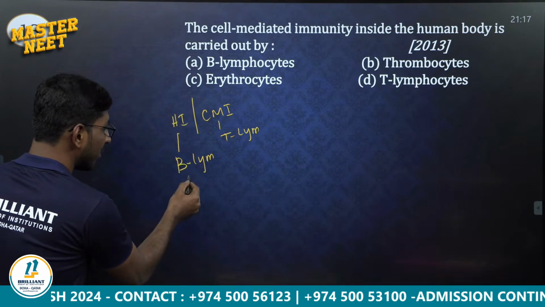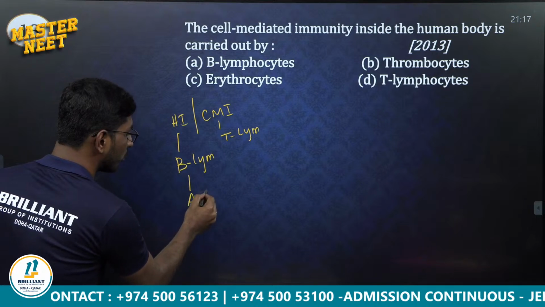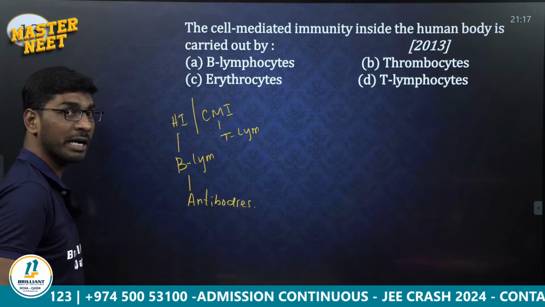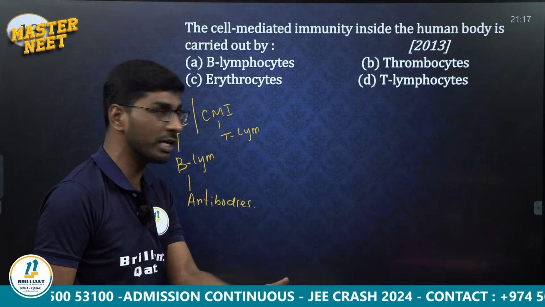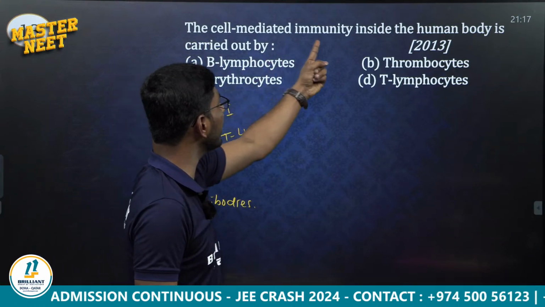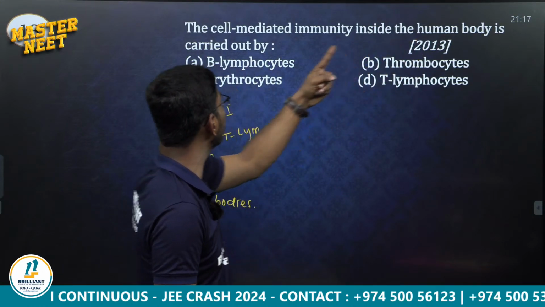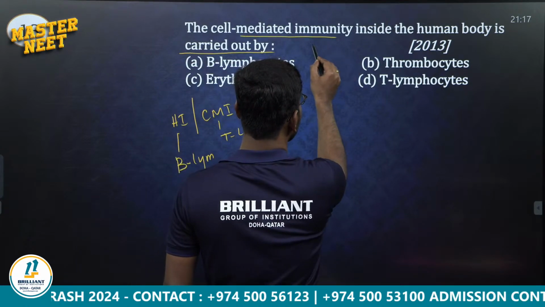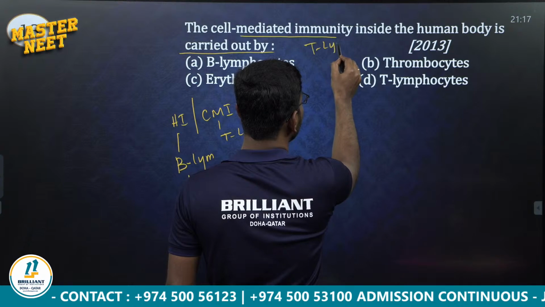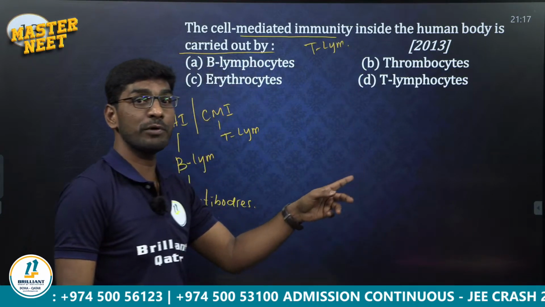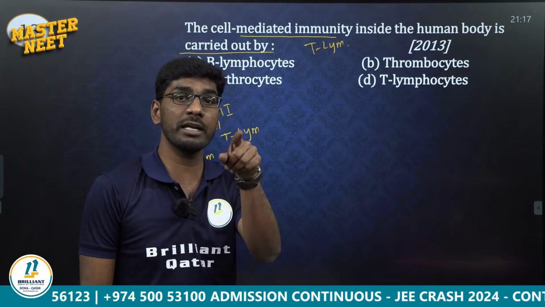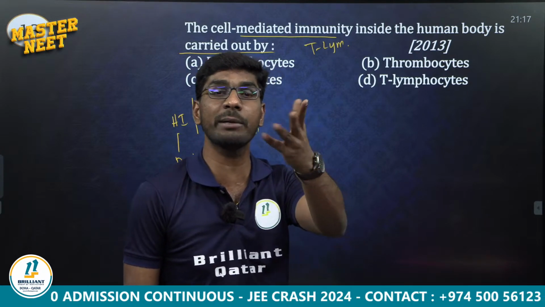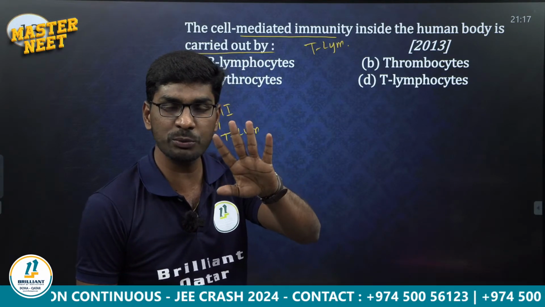Now, B cells have an ability to produce proteins called antibodies. Yes or no? Antibodies are polypeptide proteins. The cell mediated immunity inside the human body is carried out by T lymphocyte cells. T lymphocyte cells participate in cell mediated immunity, but they will not produce antibodies.